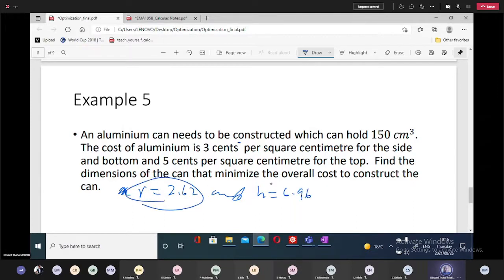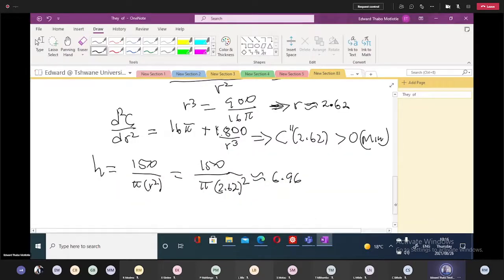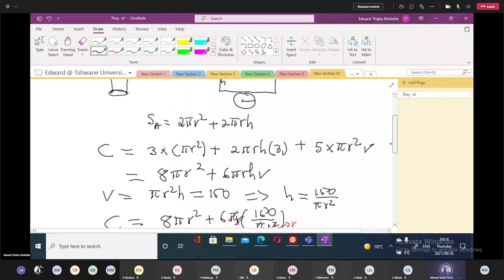So those are the dimensions that will minimize the construction. So you are answering this question. You can say the dimensions of the cairn that minimize the overall cost of the construction of the cairn are r equals this and h equals that. Okay, so we have managed to answer that question.